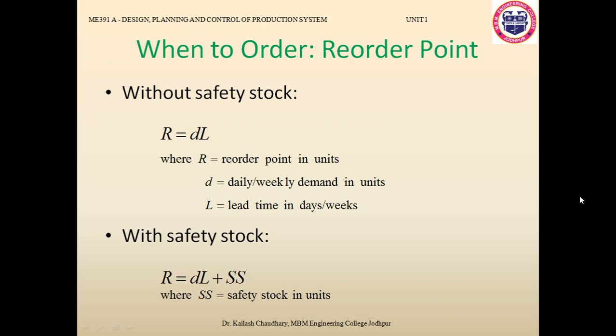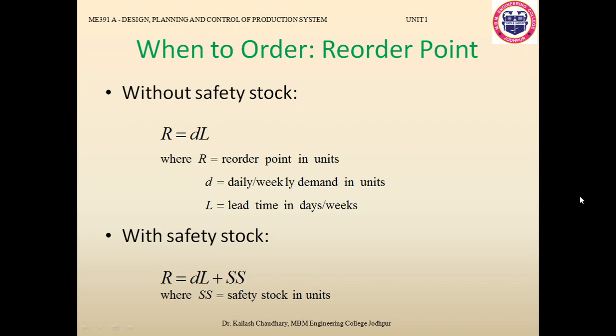Suppose you have 1000 products in the beginning, and the number goes down to 50 or 100 out of 1000. Then you should reorder, so that by the time the product is consumed completely, you would have another lot of products.